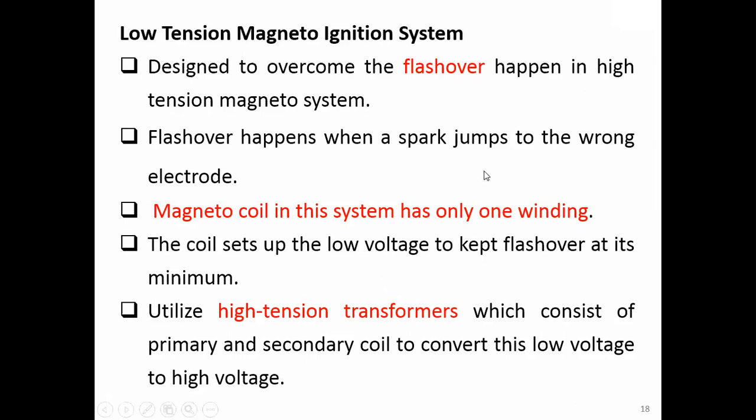And since it has only one winding, how can this system create the high voltage? It needs another device, which is the high voltage transformer, an ordinary one that consists of the primary and the secondary coil. They use this transformer to convert the low voltage from this magneto coil to high voltage that will be sent to the spark plug.